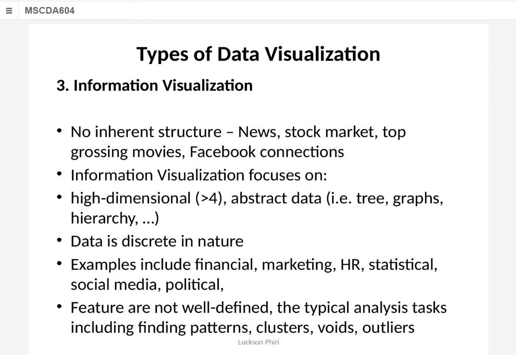So we also have information visualization. Normally here we don't have any inherent structure, like information from social media. People are just talking, and information like news, the stock market, top grossing movies, Facebook connections, etc. And this is normally high dimensional data, which is higher than 4 dimensions, and abstract.